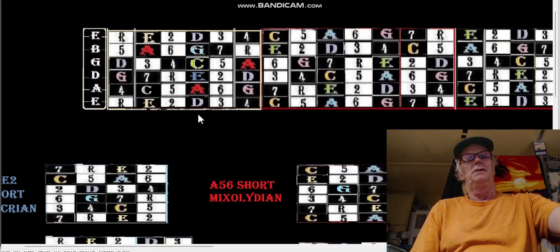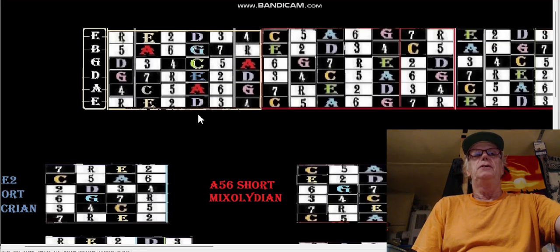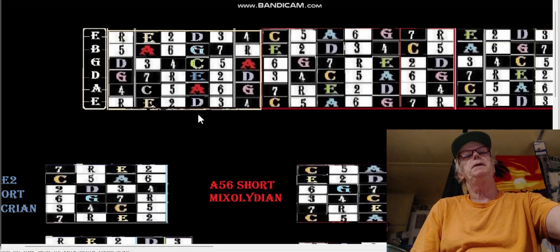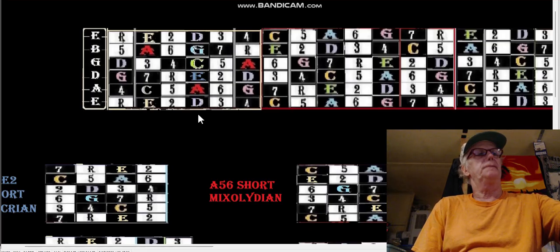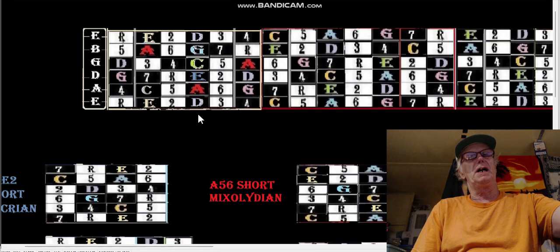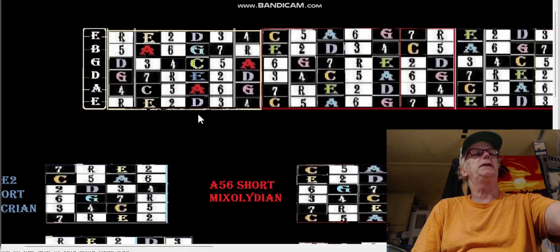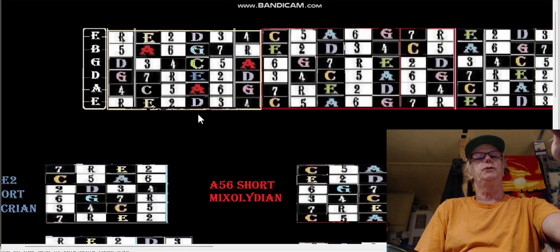Lydian, major triad, 4-6 root. Mixolydian, major triad, 5-7-2. Aeolian, minor triad, 6 root 3.